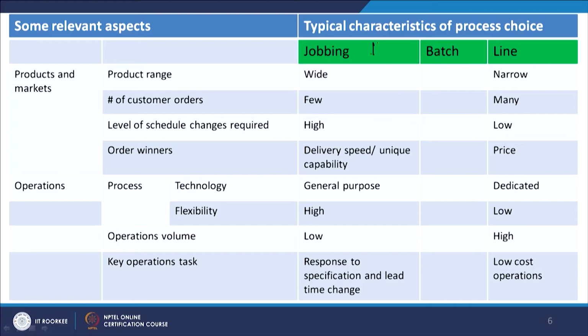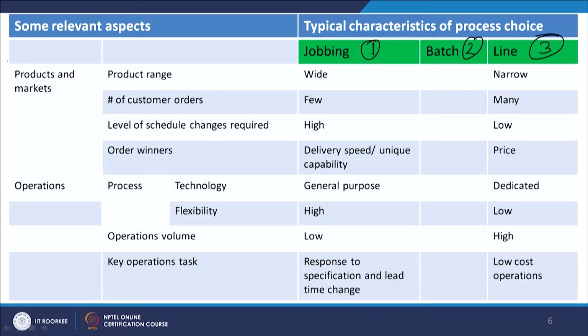From the academic point of view, we have three typical types of processes: job shops, then batch production, and then continuous production systems. So, these are the three major types of production systems, process choices available, and if you see the relevant aspects, one is related to products and markets, and the second is related to operations.